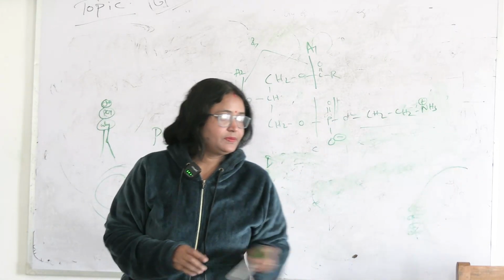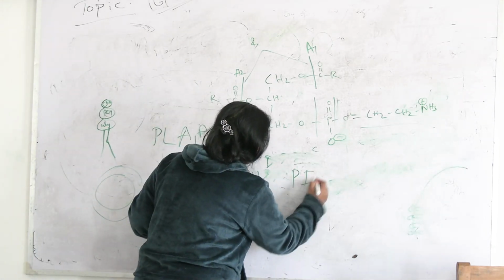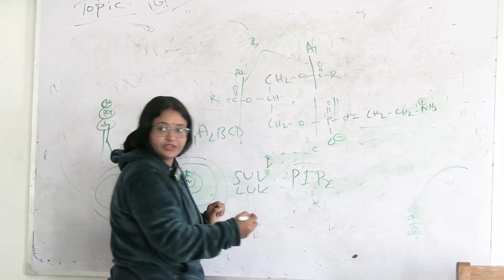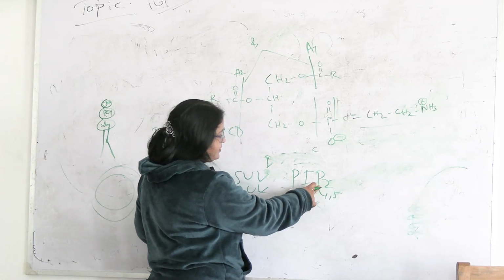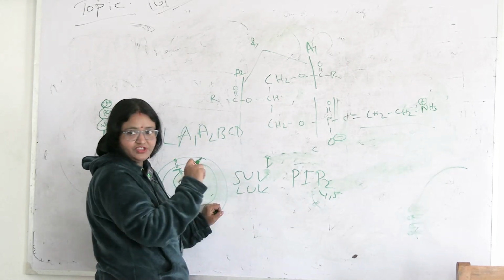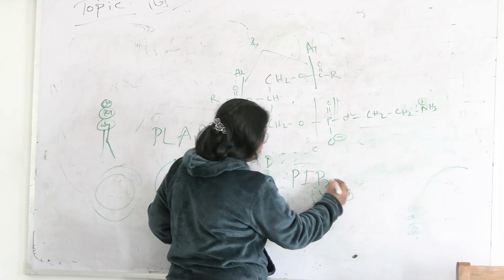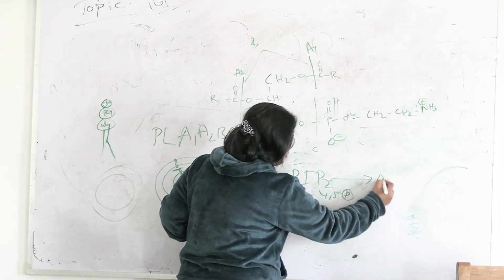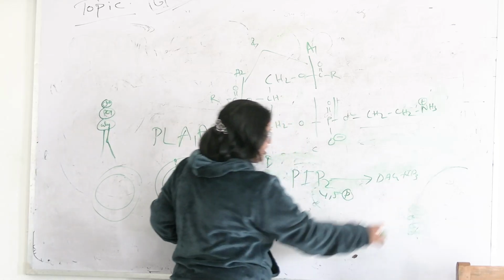And what else? Phosphatidylinositol 4,5-bisphosphate. In inositol stereoisomer, they have written myoinositol is added. If you break it down, it will form DAG and IP3, diacylglycerol and inositol triphosphate.